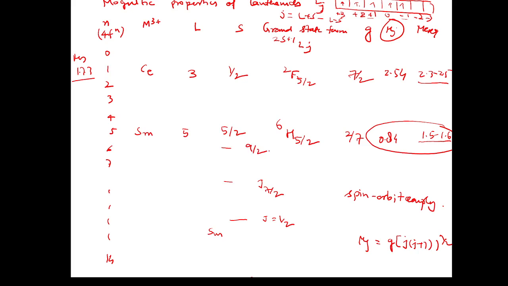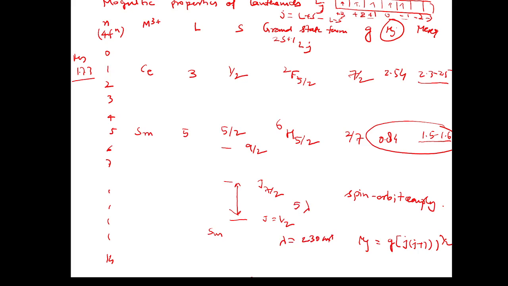So why is the value high? Because of the difference between these orbitals. The difference between these orbitals is 5 lambda, where lambda value is nothing but 230 centimeter inverse.